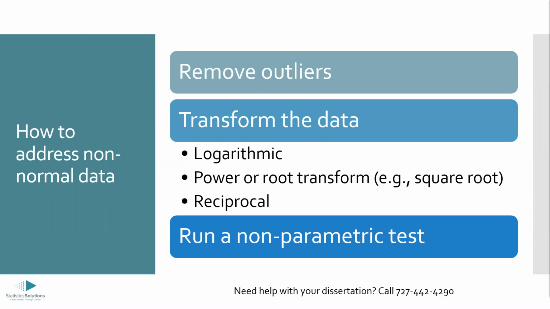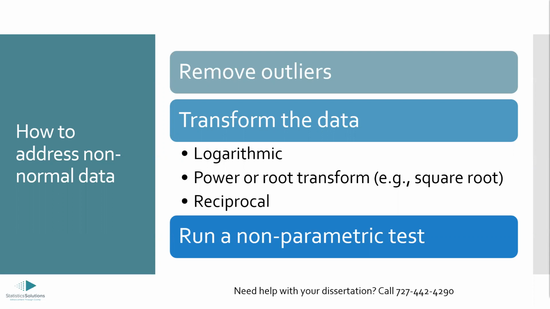And finally, the last method, and what may be the best method for addressing non-normal data, is to run a non-parametric test. So we discussed at the beginning how it's parametric tests like the t-test or the ANOVA or linear regression that assume normality.